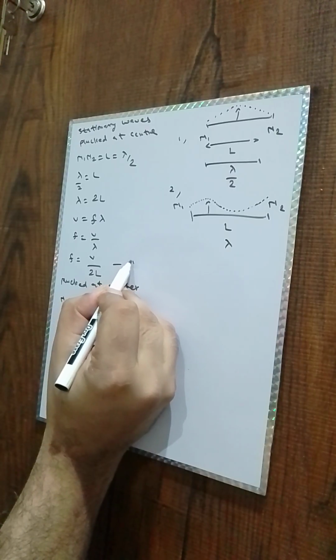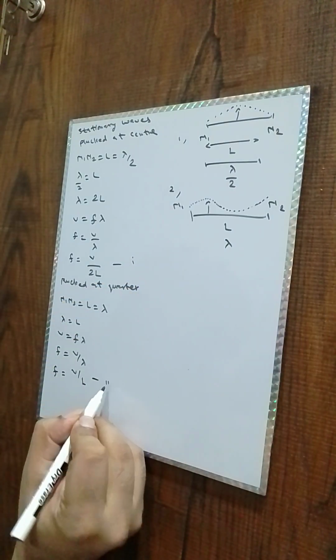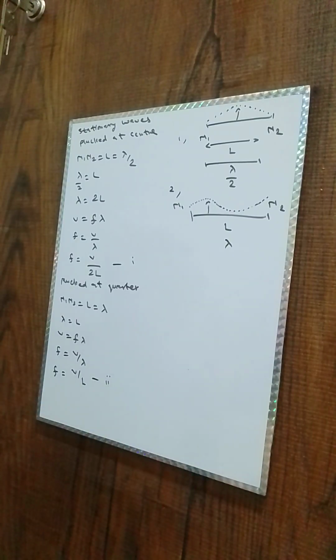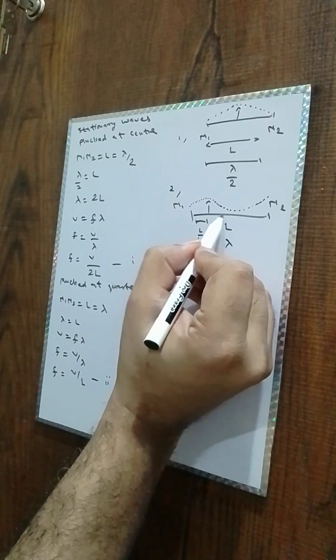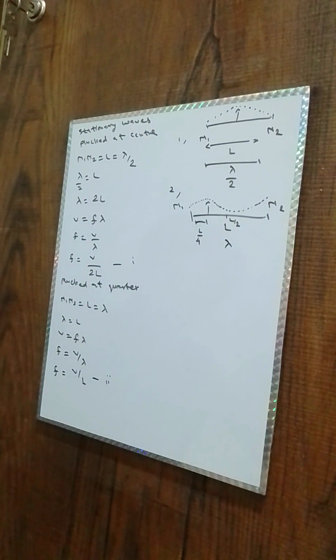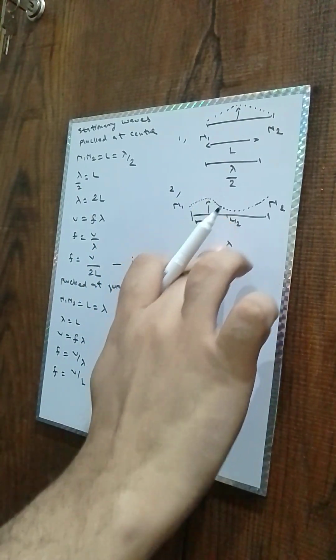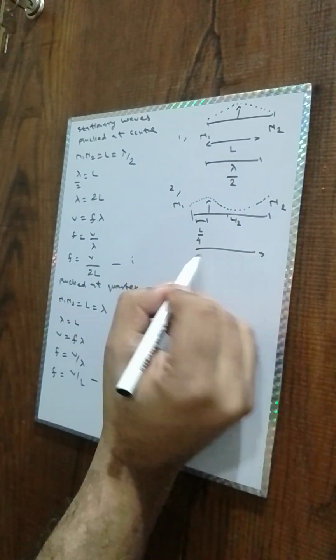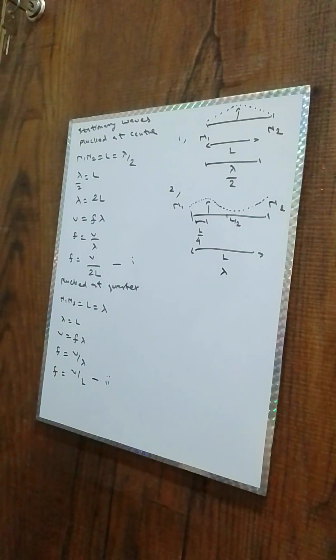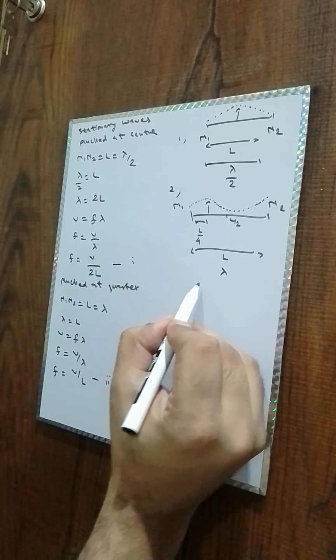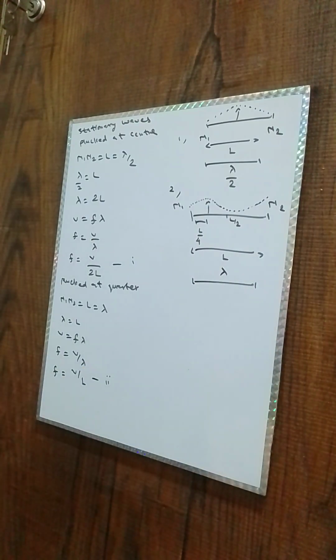Let's call the first form 1, and now we have another form, 2. f is equal to V by L this time. We pluck it at a quarter, which means L by 4 here and here we have L by 2. The total length is L, and this is equal to lambda, the wavelength in this case.